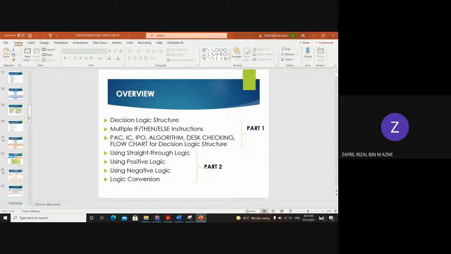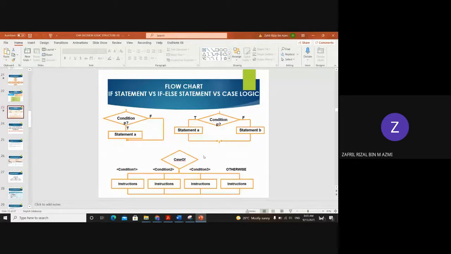Okay, four types of decision structure, which is a single selection. Single selection is where there's only one condition, and there's a statement if the condition is true. There may be at least a statement.